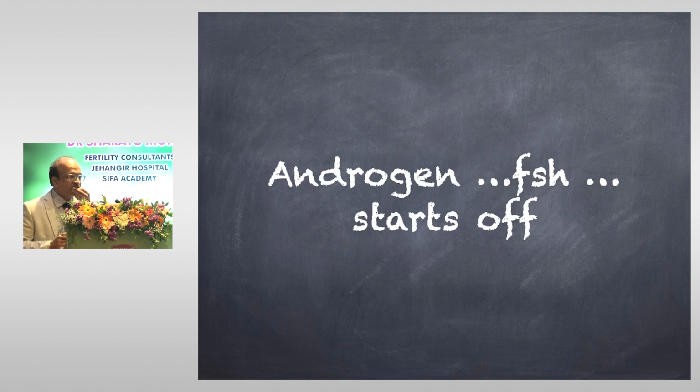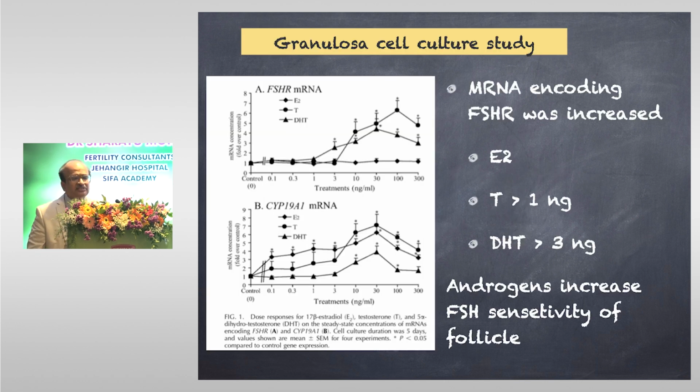Let's talk of androgens. Behind every successful oocyte, there is a male hormone. So what is the role of androgens and FSH and how they start off the whole thing? There are some nice studies done on granulosa cell cultures, and what they did is they looked at the expression of the FSH receptor.